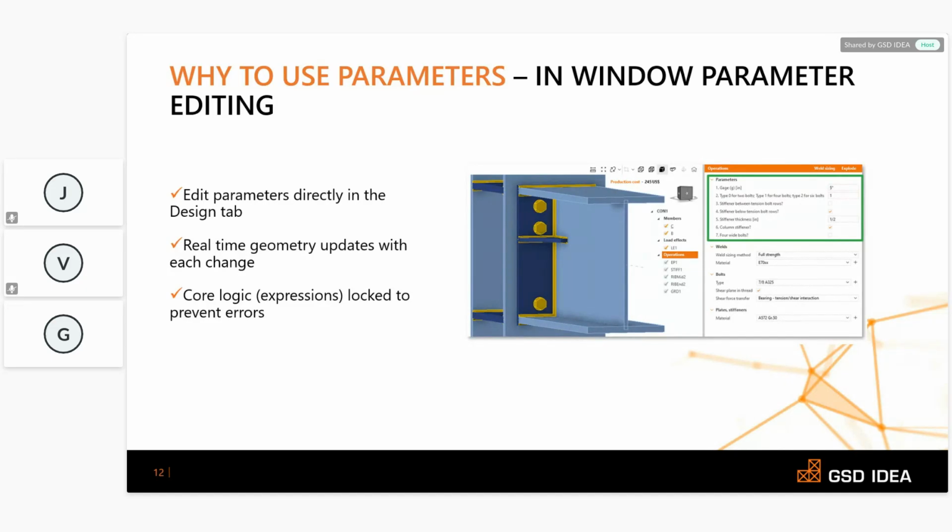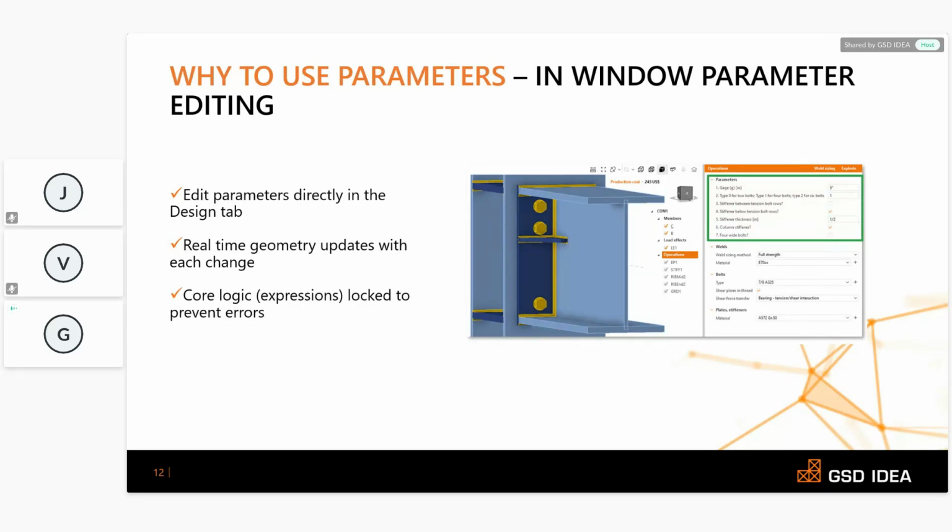You simply type in the new values, the values that you have in your hand, and the model responds immediately. You can see the bolts move, plates resize, with real-time feedback, without needing to rerun or reload anything.